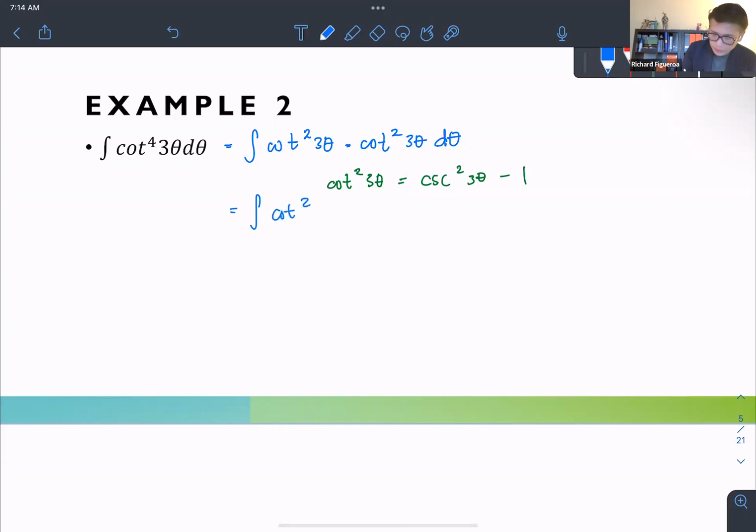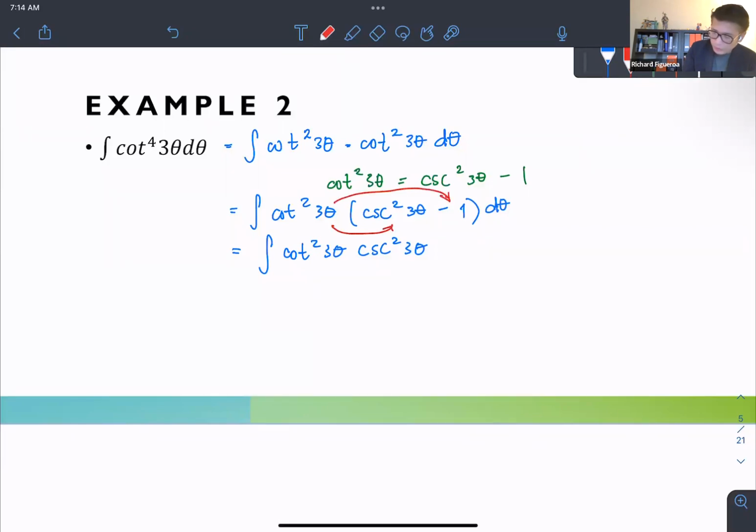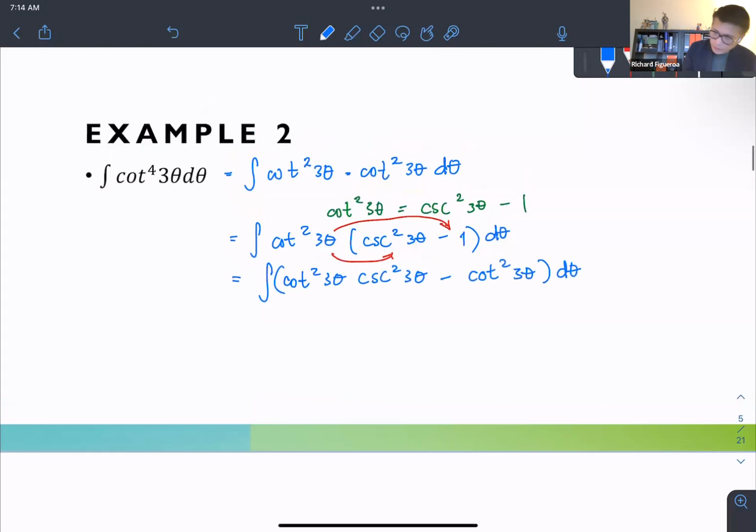So cotangent squared 3 theta, multiplied with cosecant squared 3 theta minus 1 d theta. Then we distribute. That is cotangent squared 3 theta cosecant squared 3 theta, and the second one to the negative 1, then minus cotangent squared 3 theta d theta.